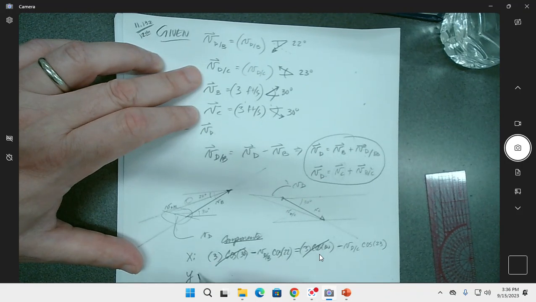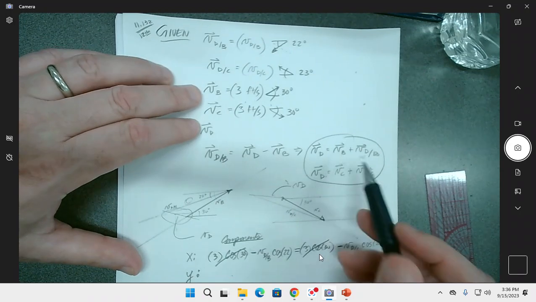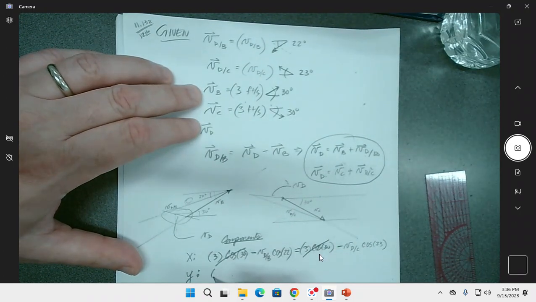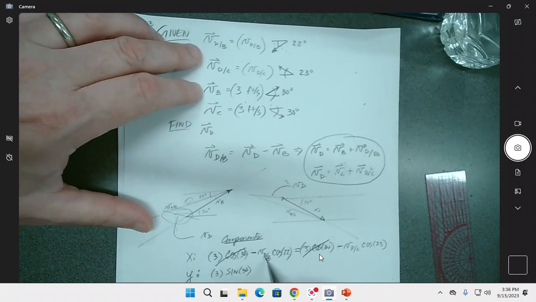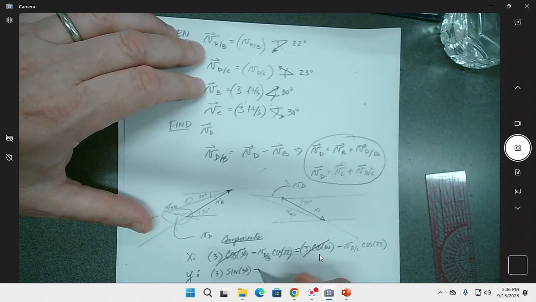And in the y direction. So for the people at home, let's pretend they can't see. So in the y direction, what did I start out with? VB. VB, you're going to go 3 times the sine of 30. VD with respect to B, that's going to be negative, once again. VD with respect to B, sine of 22.